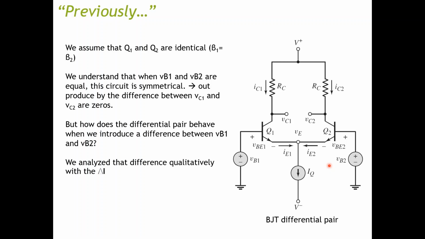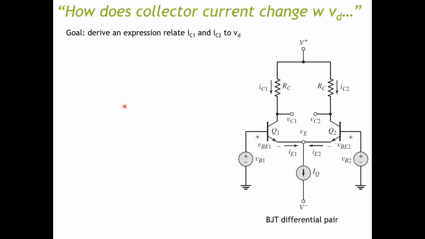Last time we analyzed that difference qualitatively with a value called delta I. So when we introduce the difference in the input, this current changed by a small amount, delta I. And this time we will try to be more analytical about that delta I. So let's say the question now is how does the collector current change with respect to the difference between the two inputs?